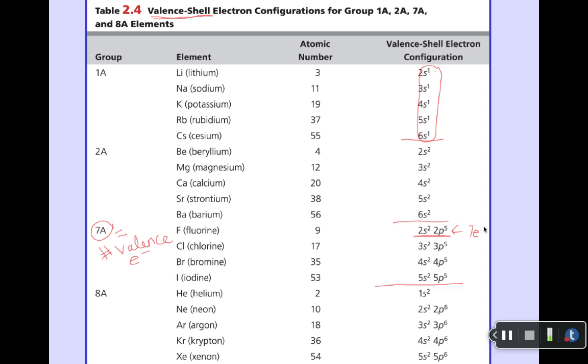And you have to recall that the 2 s electrons that precede them in every case are part of the same shell, as indicated by that first number being the same in front of the s and the p. The last set is the noble gases, and they have something in common. They don't all have p6, most of them do, but these are all going to be full outer shells. The valence shells are always full.